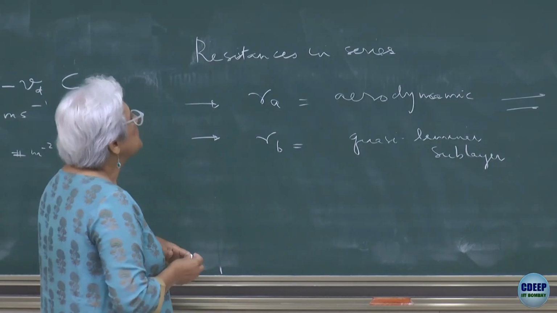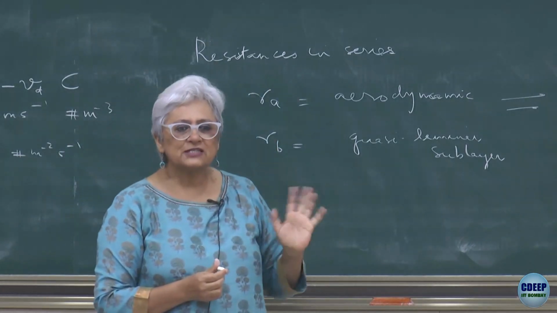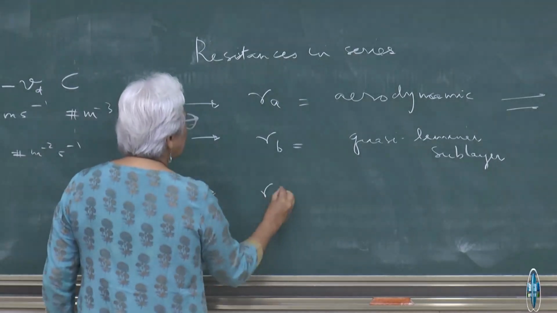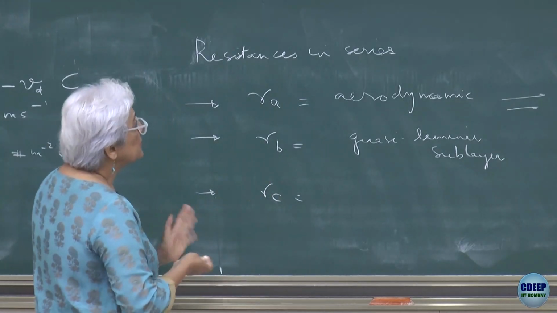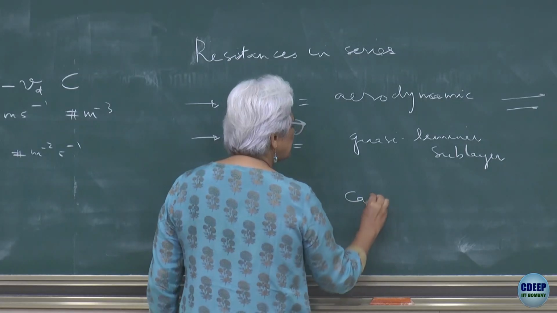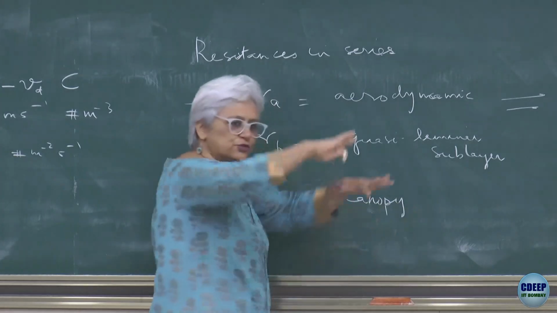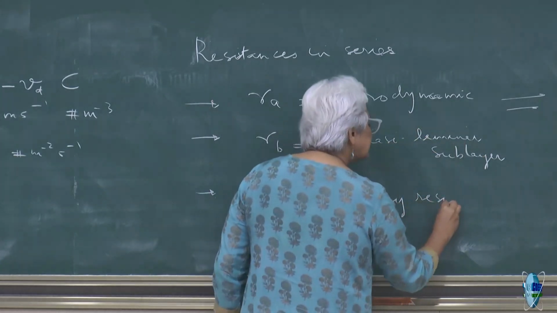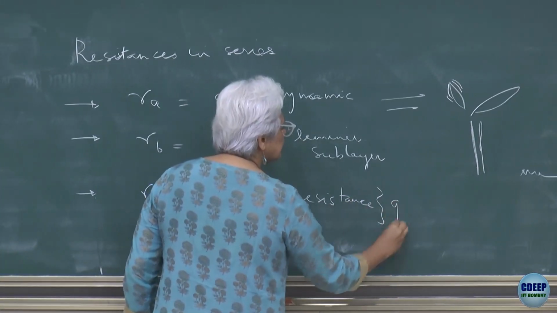So this is where this quasi-laminar layer comes in, and this RB is really the one of our interest. RC is what is called surface resistance, or canopy resistance. Canopy, because you may be thinking about things depositing to forests and so on. And this becomes really important for gases, right?